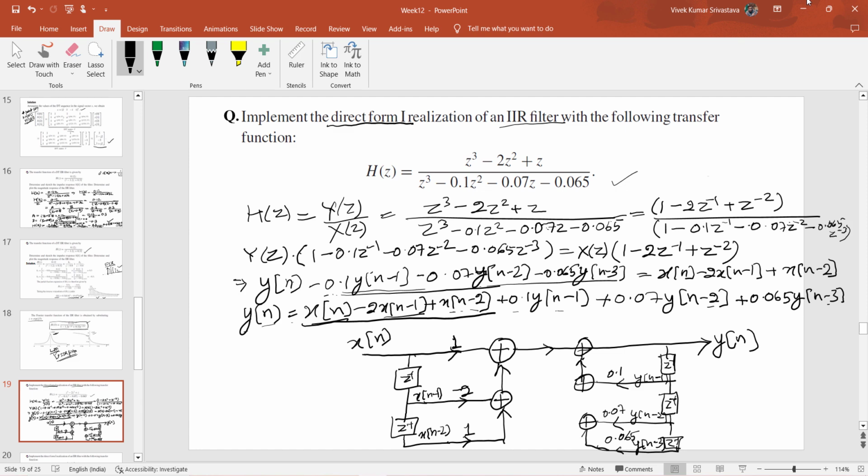So this is the final IIR filter realization. From here we can see that this kind of direct form 1 realization requires 5 adders along with 5 delaying elements.